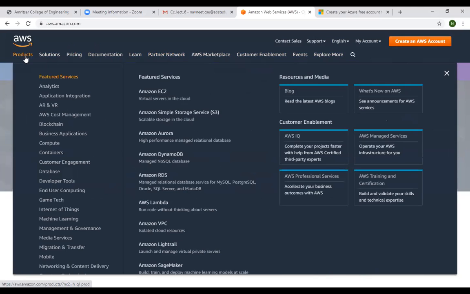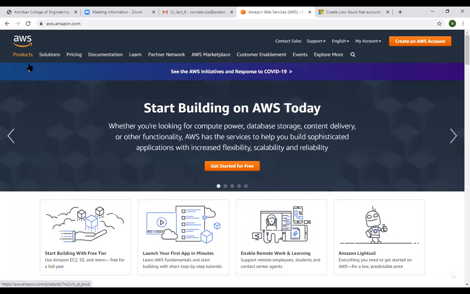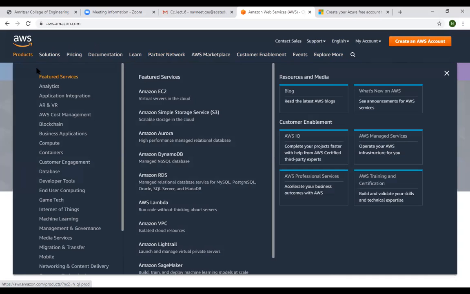So in the product section, you can see the featured services that are available in Amazon that we have discussed. We cannot discuss each and every service, but you can see here the core services.